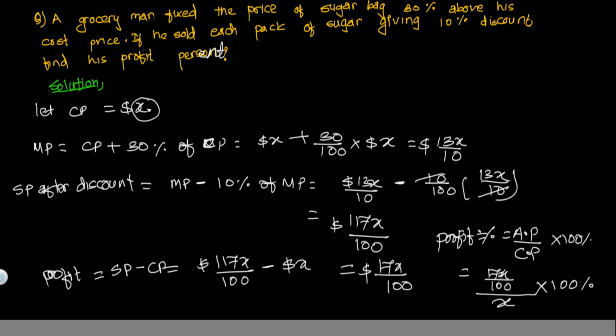So this x and this x are gone. 17 over 100 times 100, this 100 is cancelled by this, so our profit percent will be 17%. So this is how we can do this problem.